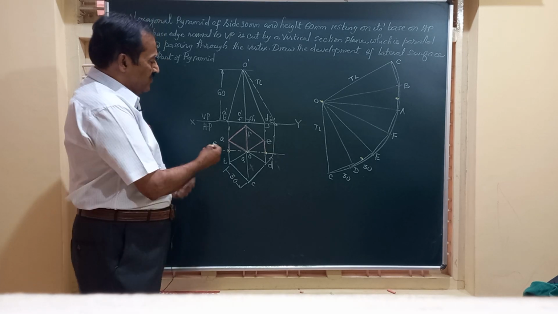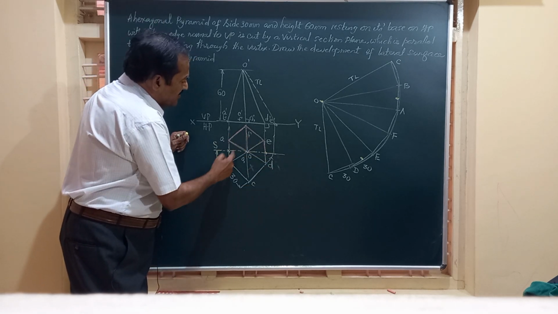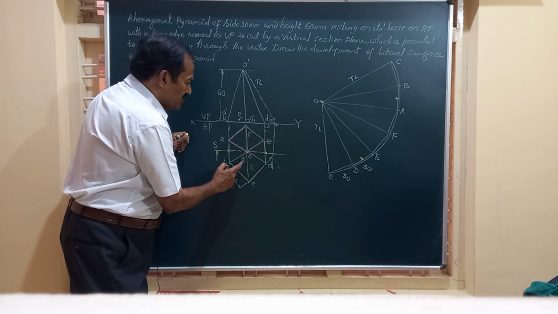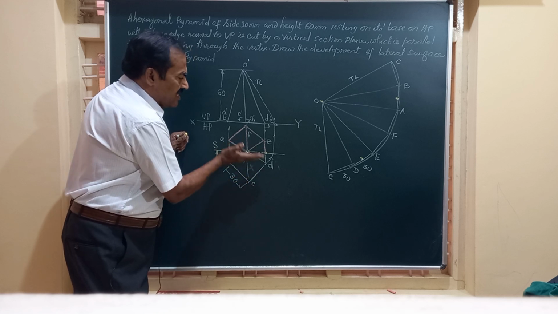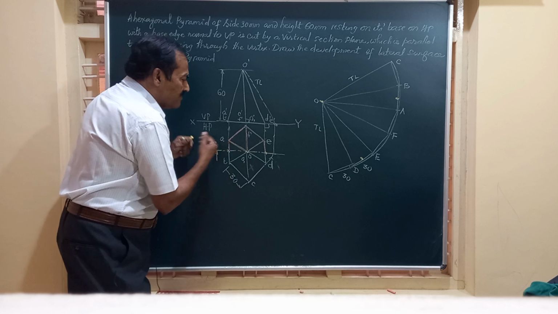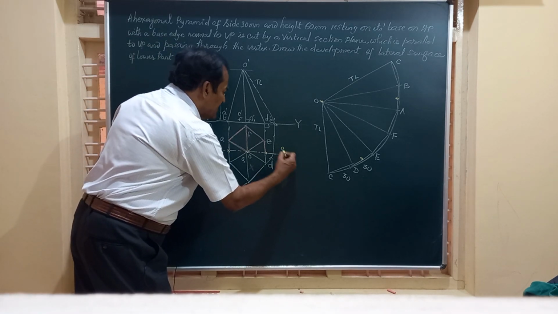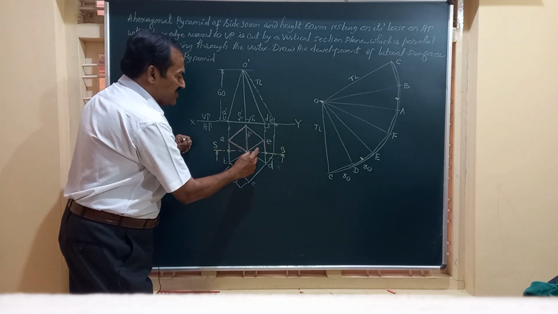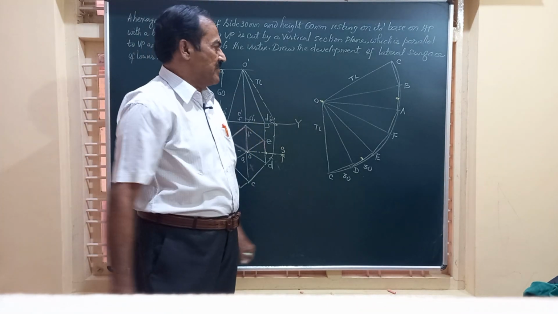And friends, if you closely observe this figure, out of the total 6 triangles we have here, 3 triangles are removed. So in the remaining part, we have to have only 3 triangles, that is 1, 2, half plus half. So totally there should be 3 triangles in the development.